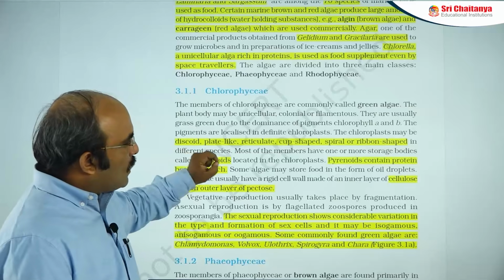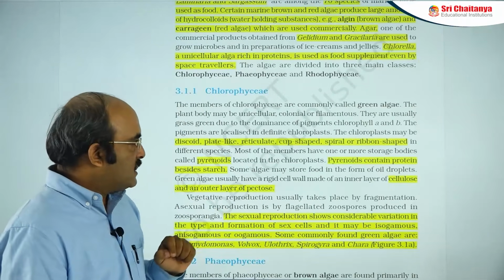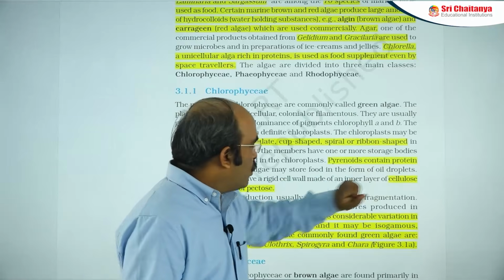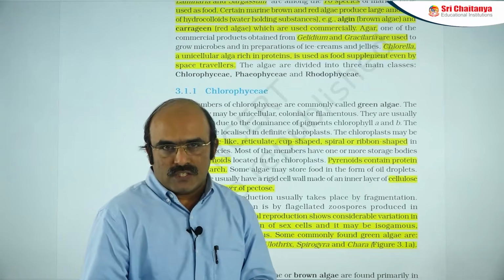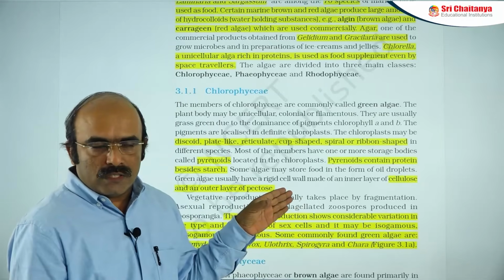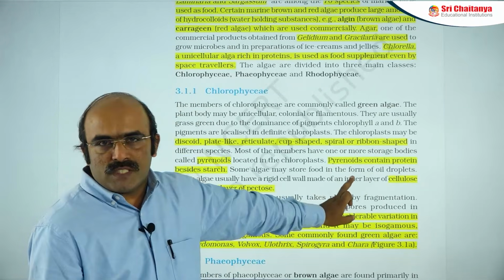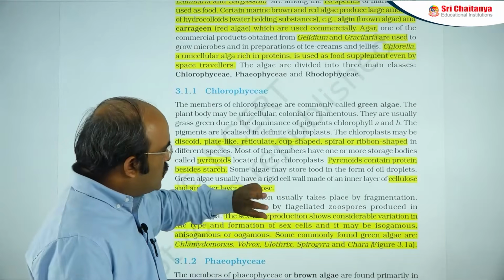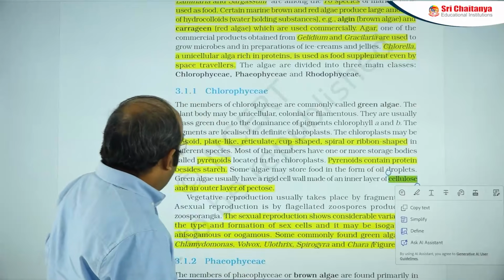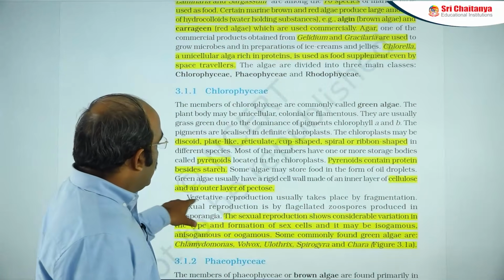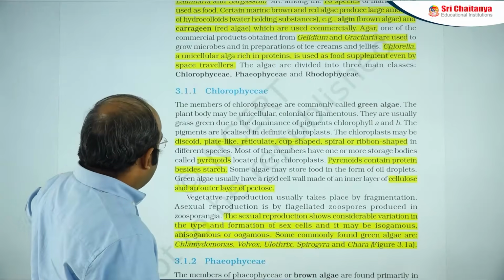Now, the chloroplasts also have storage bodies called pyrenoids. Pyrenoids store starch, and they also contain protein. Coming to the cell wall in the green algal members, it is a two-layered cell wall where the inner layer is made up of cellulose and the outer layer is made up of pectose.